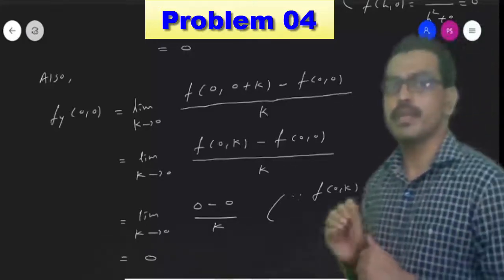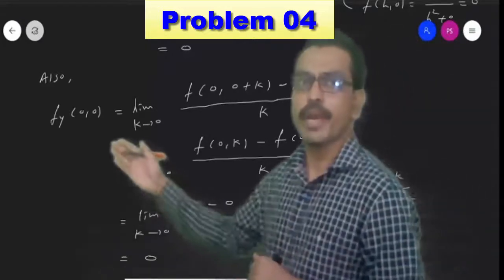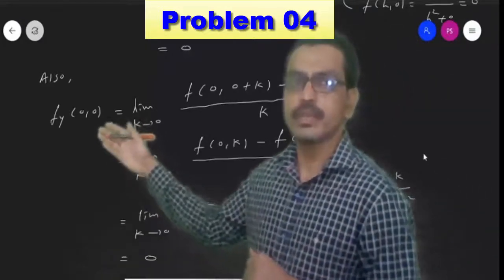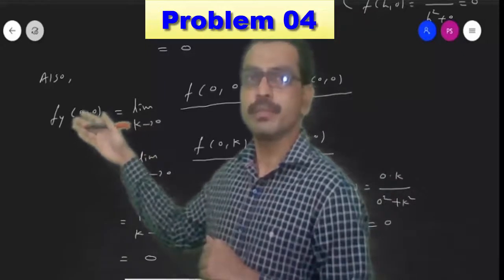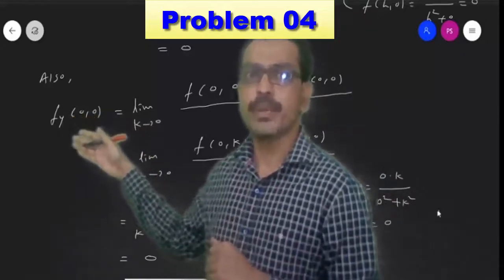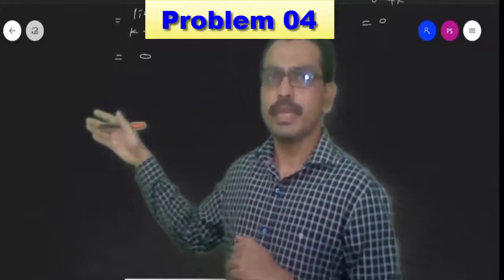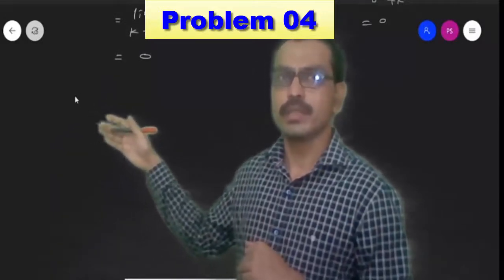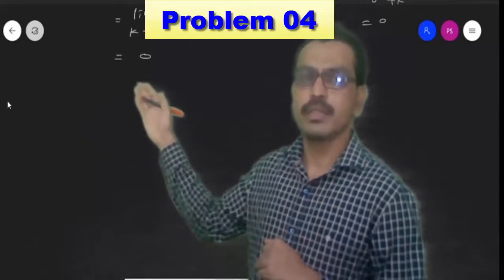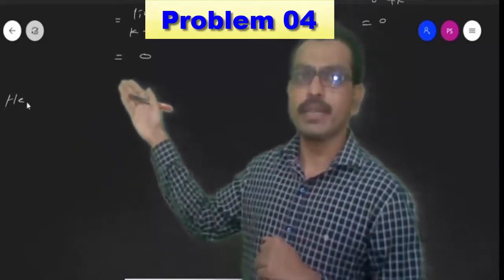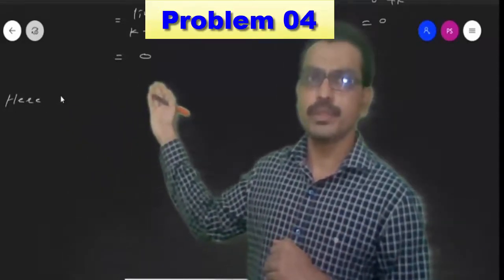So, the function f partially with respect to y, keeping x constant, has the value f_y at the point (0, 0) equal to 0.